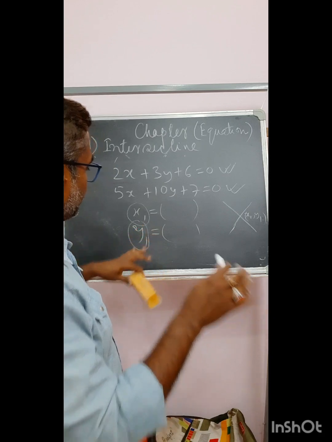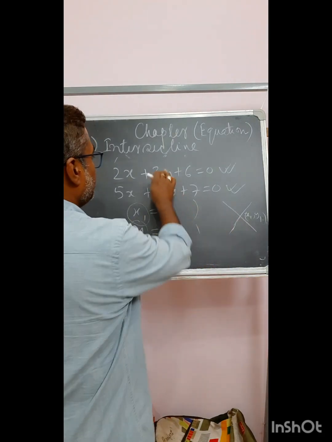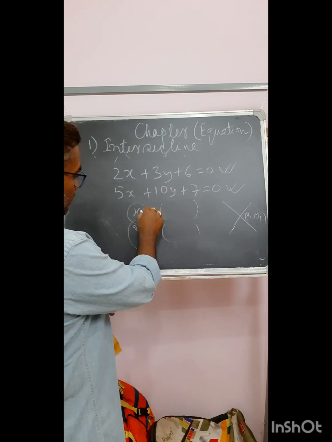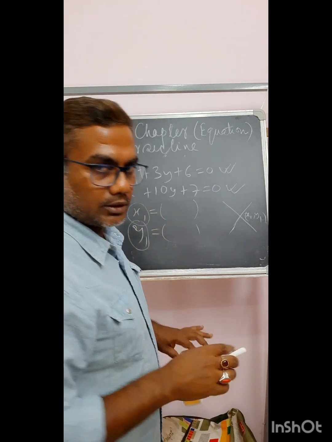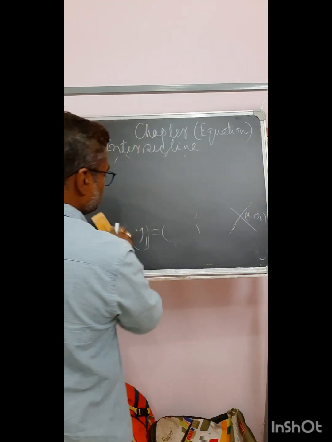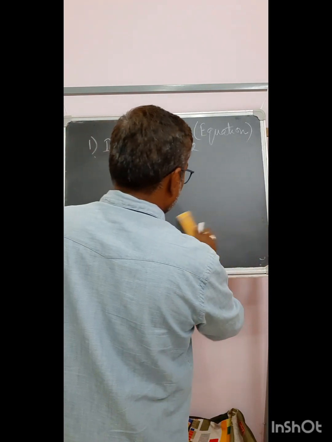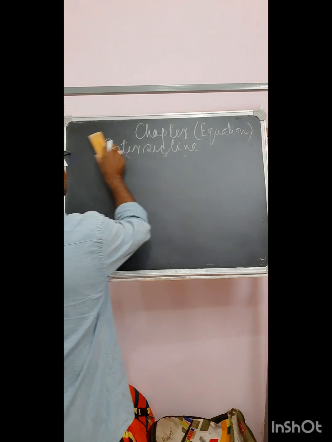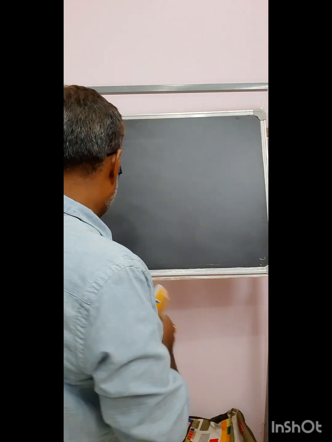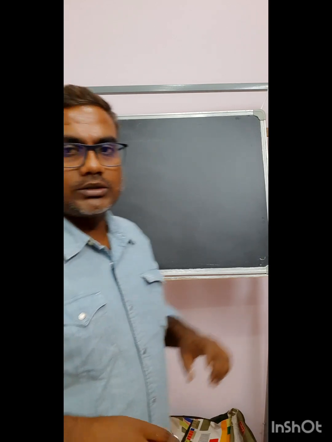If you get real values, you can say yes, these lines are intersecting at the point x1, y1 in that coordinate. I am not solving it further because it is very easy. Try it at home. If it is not possible, I will definitely come back with the solution, but it is not necessary because you are mature. If you understand the initial theory, you can solve it yourself.